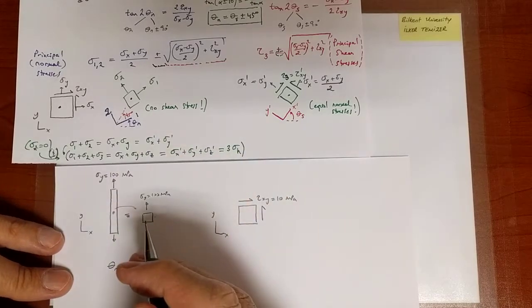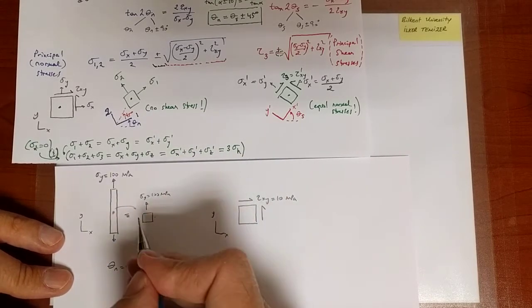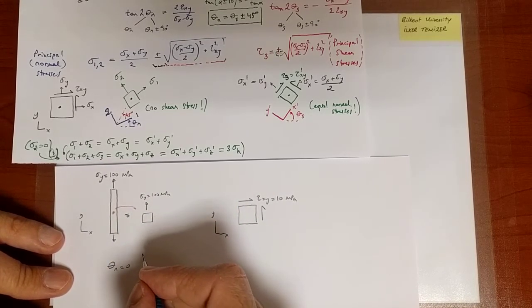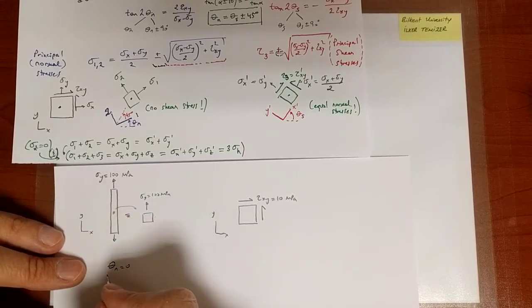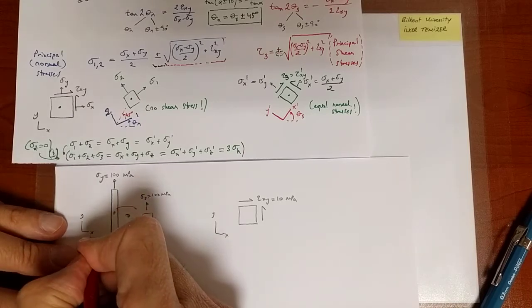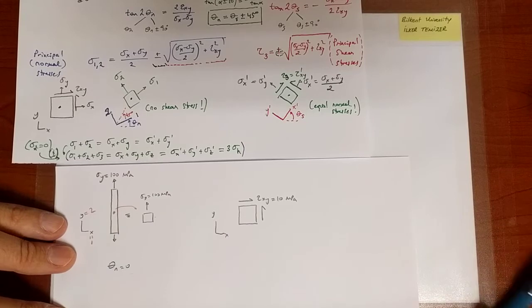So whenever I see an orientation on which there are no shear stresses, I know that's directly the principal normal orientation. And therefore, this is already a principal normal orientation, and hence theta n is equal to 0. So I've concluded that this is already equal to the one direction, this is already equal to the two direction.